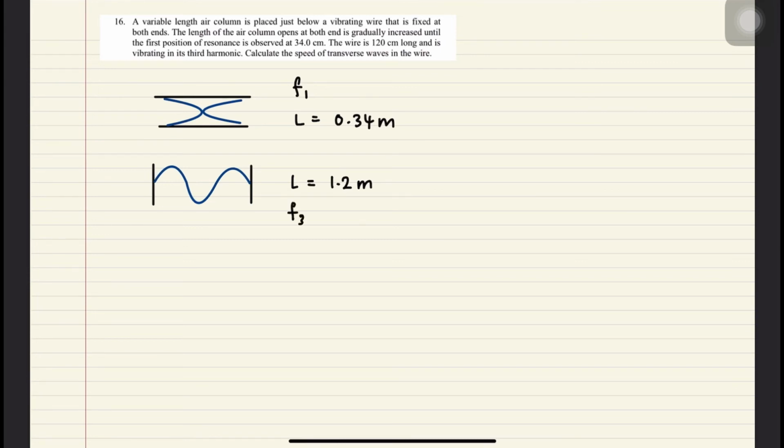So for the bottom one, I think both of these basically you have to use the same formula, where Fn equals to nv over 2L, where n equals to 1, 2, 3, and so on. And this one is the same formula. Remember that only the open end, you have the odd one.